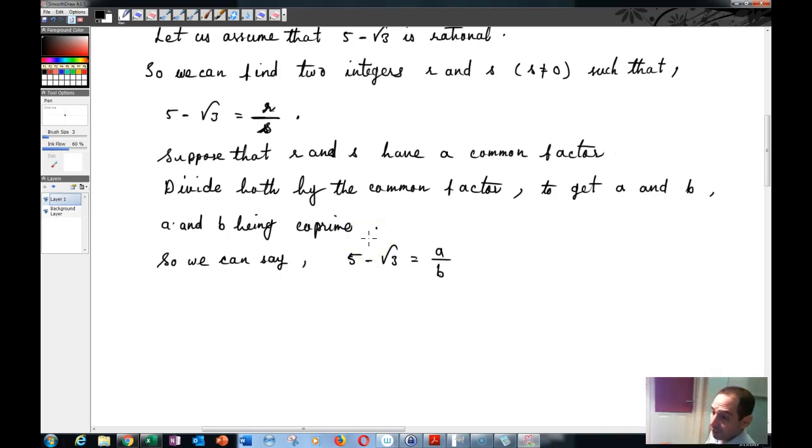But then they have shown that square root of 3 is a rational number.